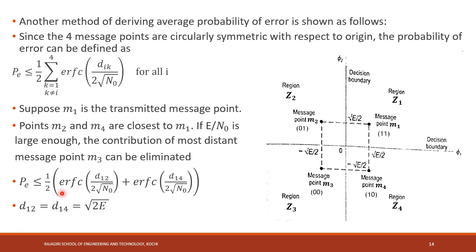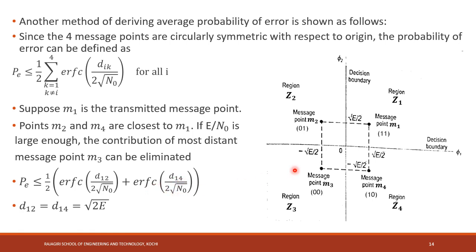So this probability of error can be calculated as PE less than or equal to 1 by 2 erfc of d12, which is the distance between the message points 1 and 2, by 2 root N naught, plus erfc of d14 divided by 2 root N naught.